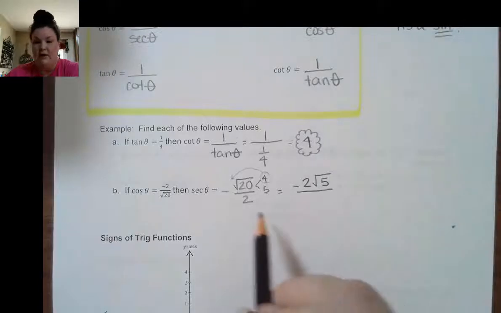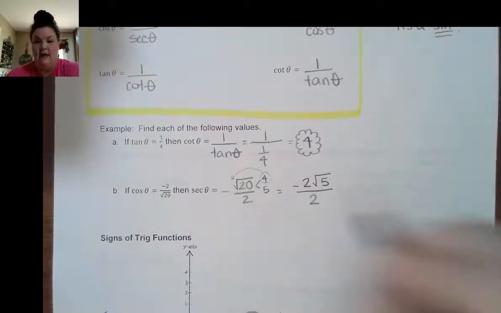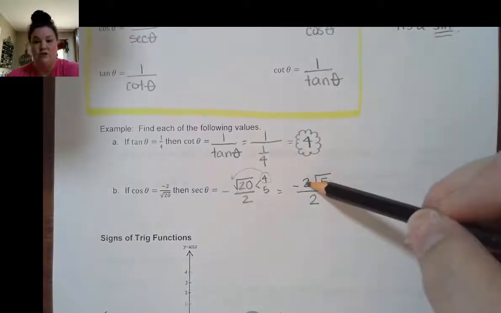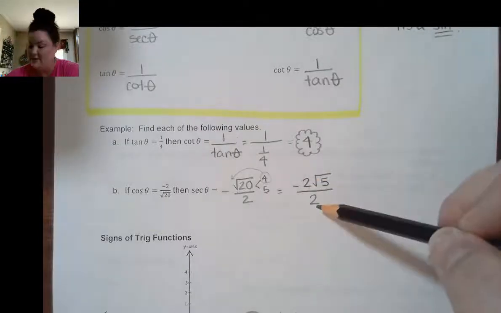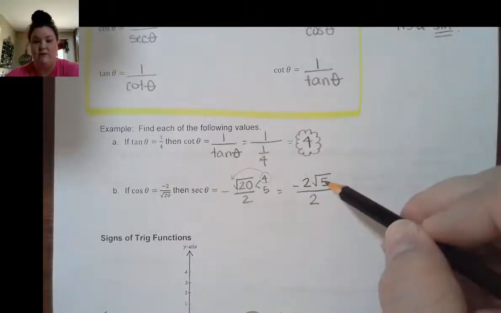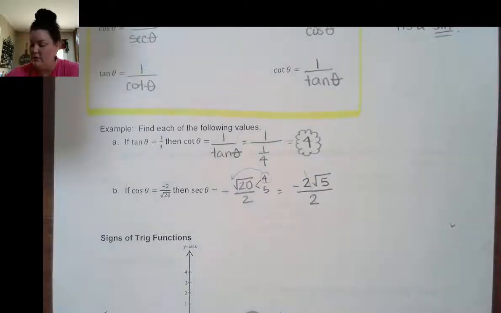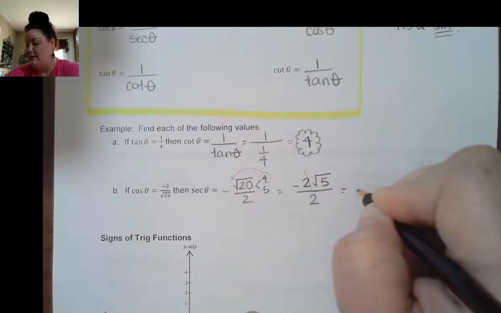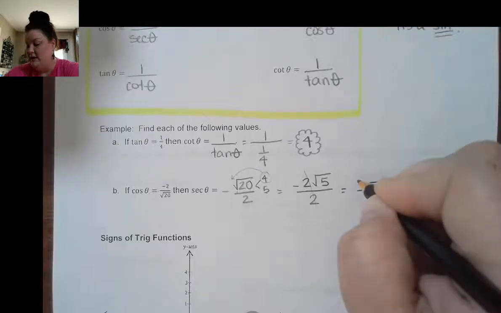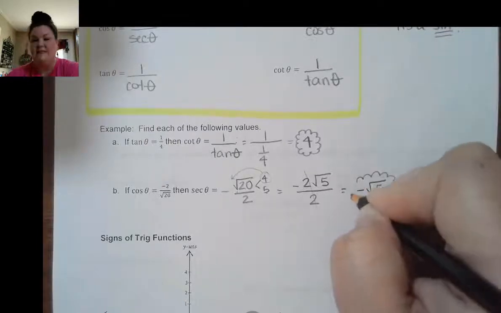And on bottom, we have 2. And now we can actually go ahead and just reduce our 2's, right? Because the 2 and the square root of 5 are written side by side, so that implies multiplication. So we can go ahead and reduce. So we end up with negative square root of 5 as our value for secant theta.